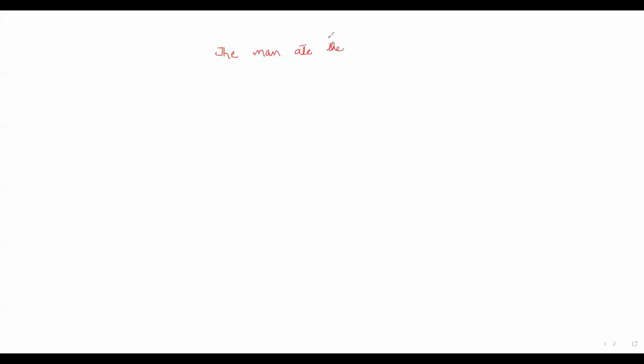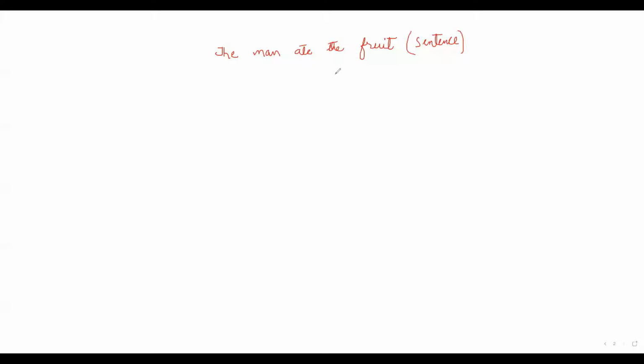So let's take an example from an English sentence, and then we will generalize it to the formal language. So this is our sentence. Fine. So you can see that to generate this particular sentence, there are some rules in English language.